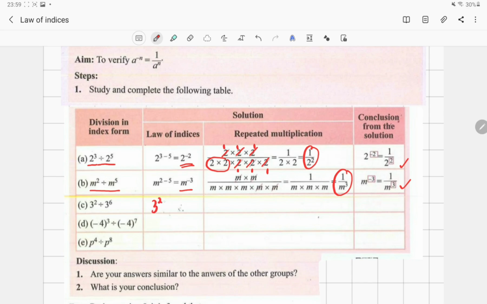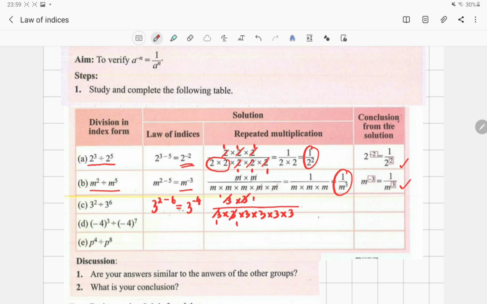3 power of 2 minus 6 is equals to 3 power of negative 4. If we use the repeated multiplication, 3 times 3 over 3 times 3 times 3 times 3 times 3 times 3. It repeats 6 times. And then we simplify.